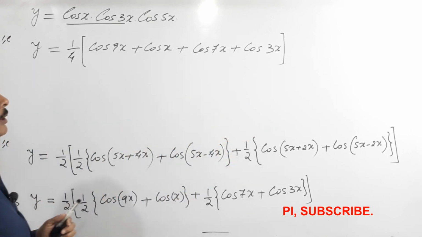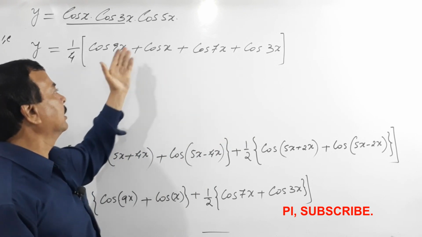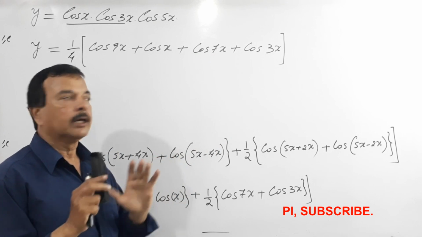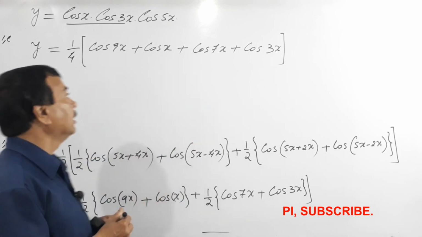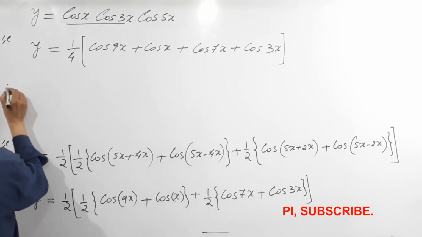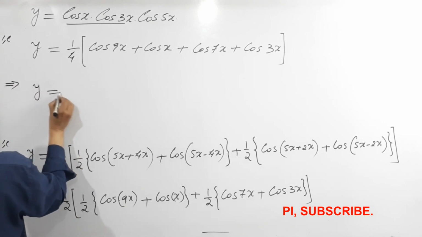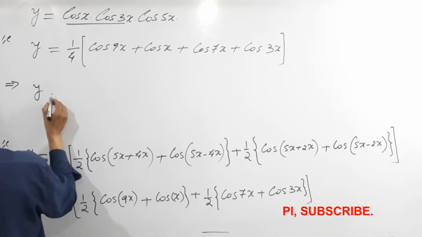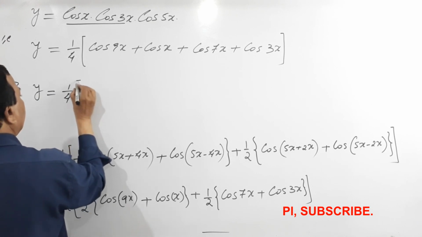What I will do is, I will try to rearrange this because we have 9x, x, 7x and 3x. So let us arrange this in proper order so that it looks neat and tidy. Which implies y equals 1 by 4.